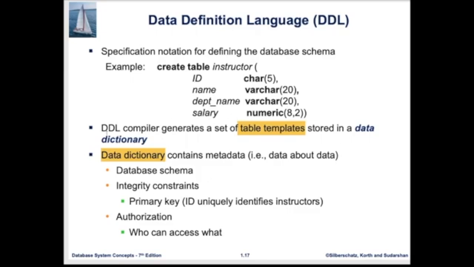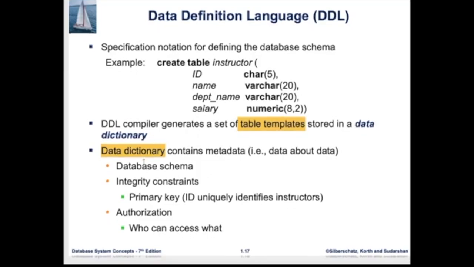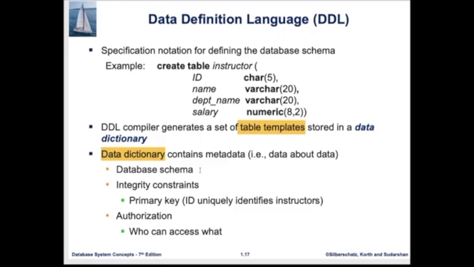So, yung DDL compiler generates a set of table templates stored in the data dictionary. So, yung makukuha natin from DDL is a data dictionary. So, it contains the information about the column names. So, ito yung mga other contents pa ng data dictionary. It contains data about the data, so information about the data.